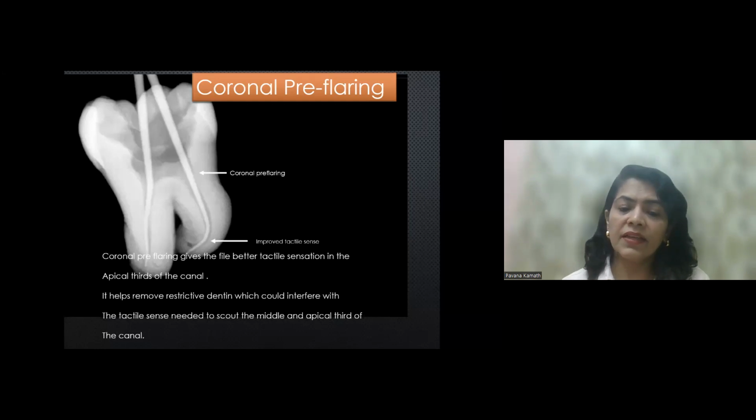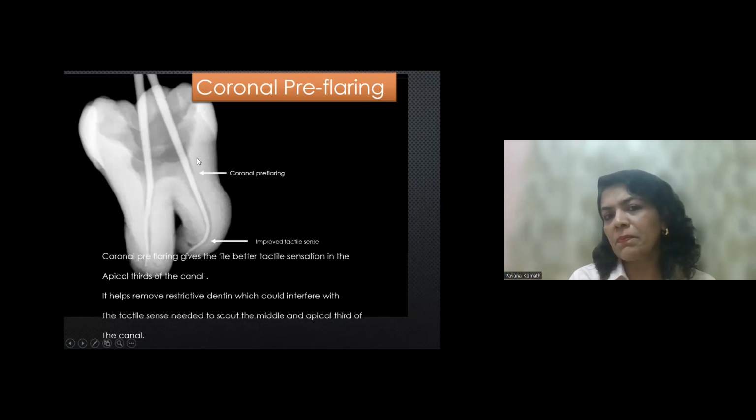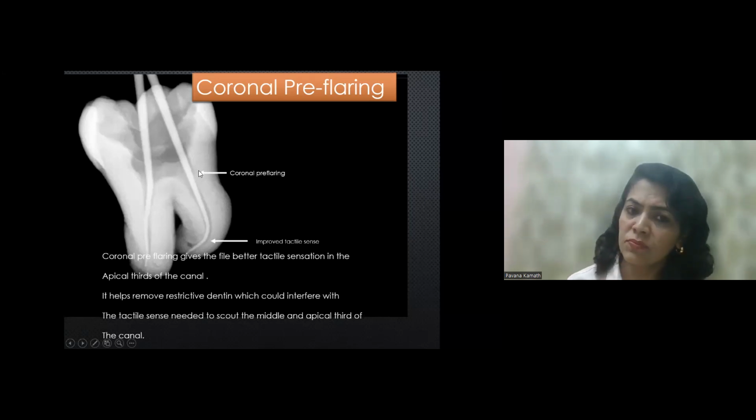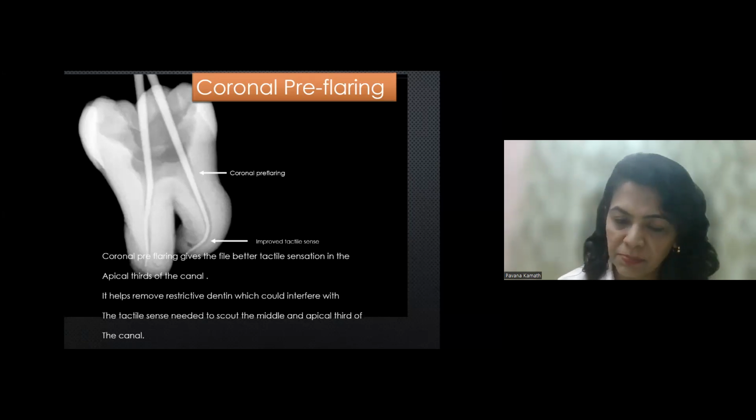Coronal pre-flaring is nothing but eliminating the restrictive cervical dentine, which is a small triangular cervical dentine generally present at the beginning of the root canal orifice. And this can be easily removed with an ultrasonic instrument, or you can use an orifice opener to establish the coronal pre-flare.